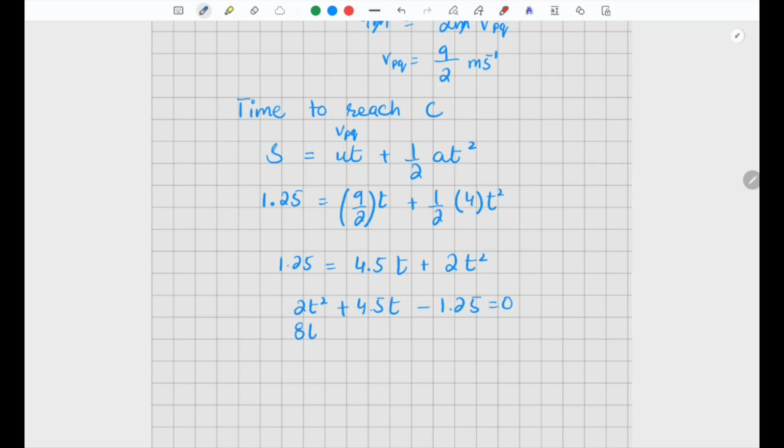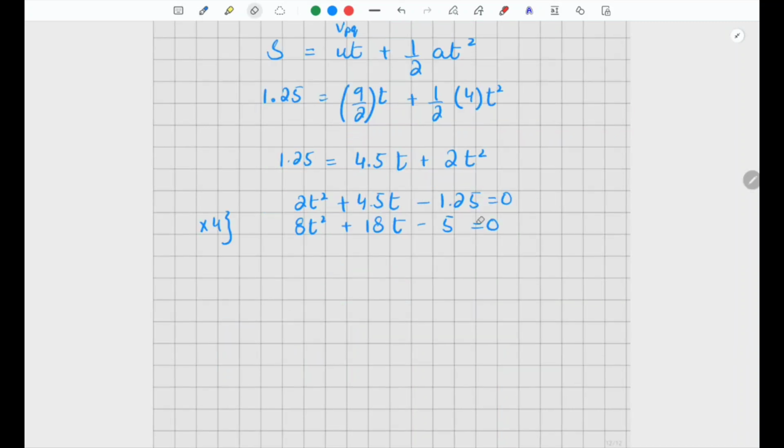So 8T square, to make it a whole number, 4.5 times 4 would be 18T, and 1.25 times 4 would be 5. Let's see what will be there. I think this one is not needed. We can directly apply the quadratic formula.